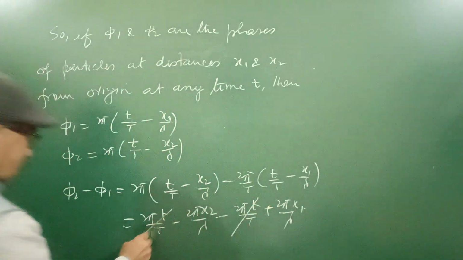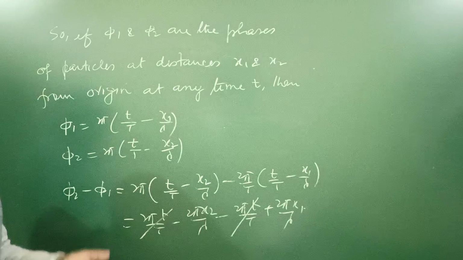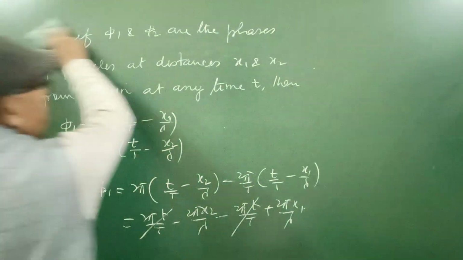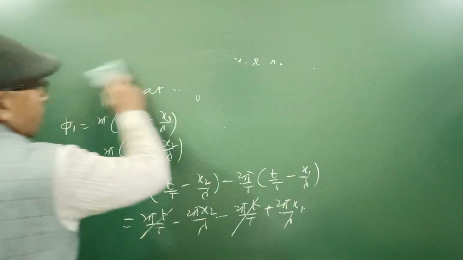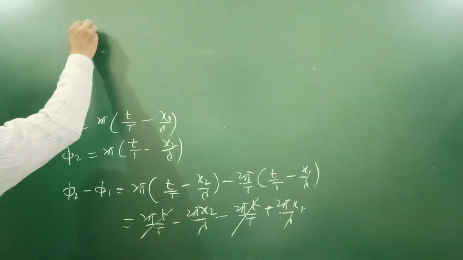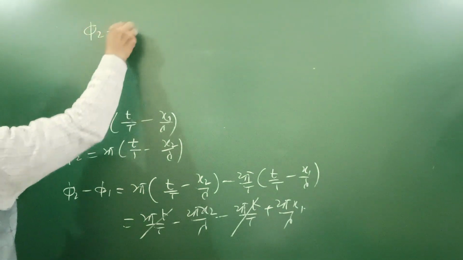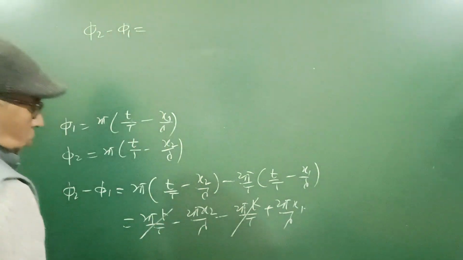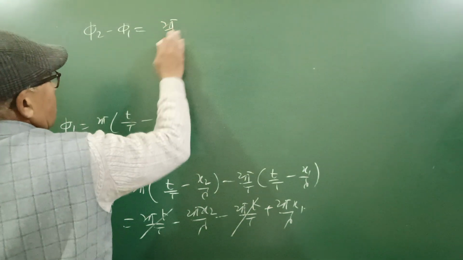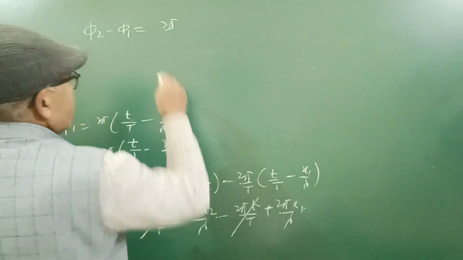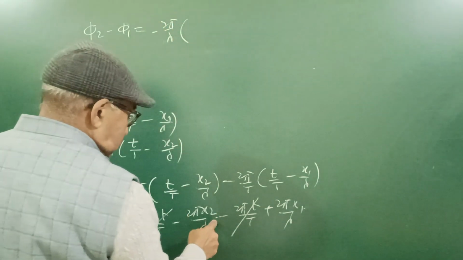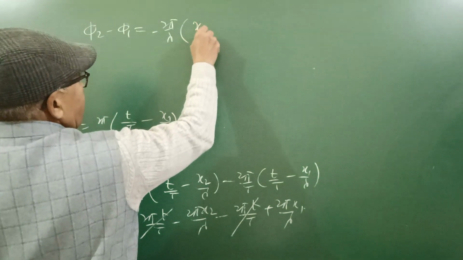So the 2 pi t upon T terms will cancel. Actually I have opened the bracket for the sake of simplicity, because students take time to understand. So phi 2 minus phi 1, if I take 2 pi upon lambda with the minus sign common, becomes x2 minus x1.